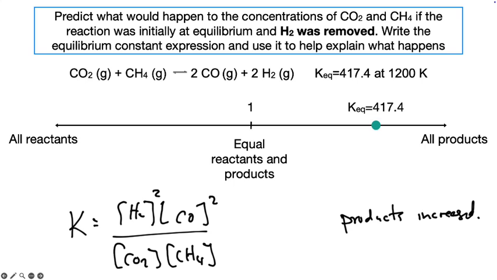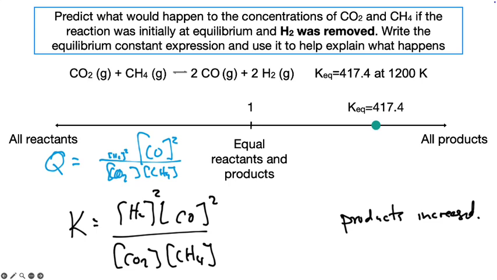This is where I would argue I would draw a Q, and I would get all pictorial with it, because the statement says H2 was removed. If H2 is removed, my concentration of H2 is really, really tiny. Which means my Q value is going to be small.